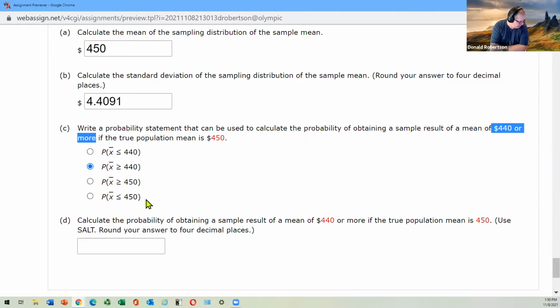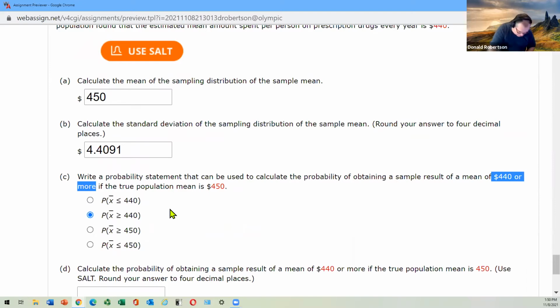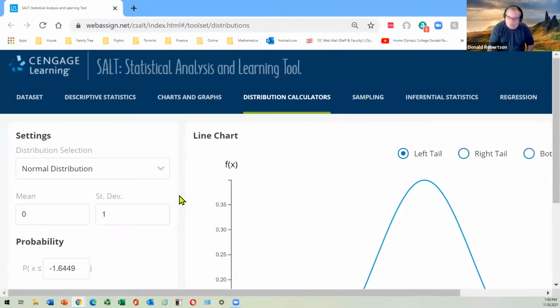Right. Well, let's find that using salt. So what's the chances that you get a sample, x bar, greater than or equal to 440? Well, when I hit salt, I'm going to move this. I'm on a normal distribution. The mean of the sampling distribution was 450.